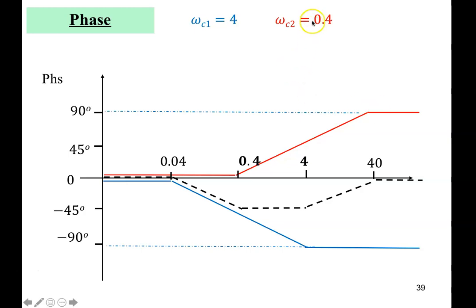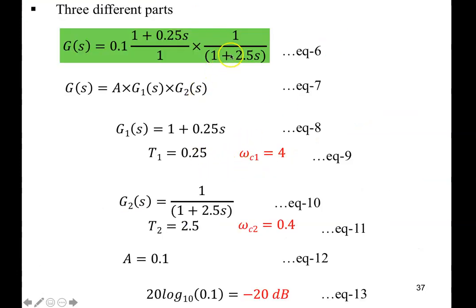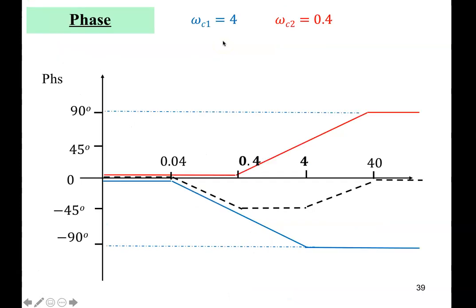For G2, the corner frequency is 0.4. The S term, if I just go back, is in the denominator. So therefore, it should go down. So my phase angle starts from 0 all the way to 1 division below the corner frequency here, 0.4.